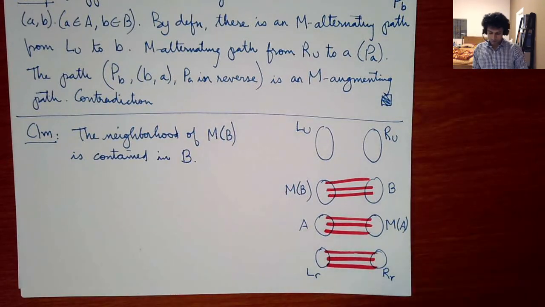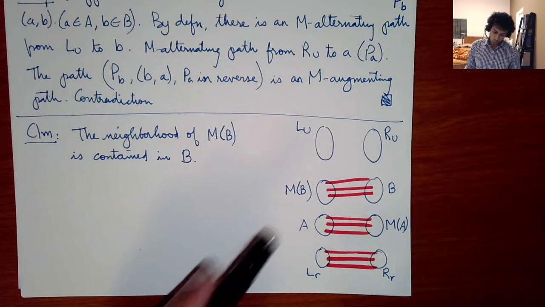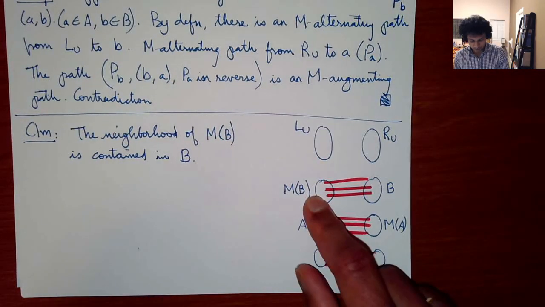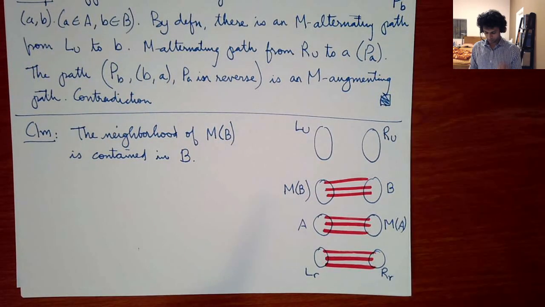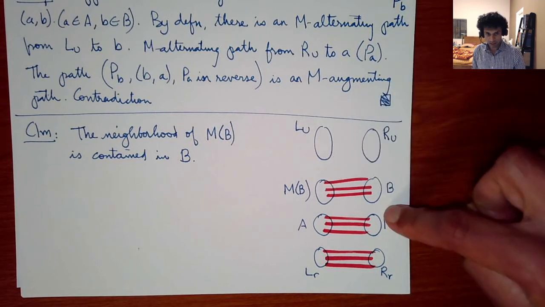Can someone give me an argument? Why can't there be a neighbor of M of B in RU? Why can't there be a neighbor of M of B in M of A?